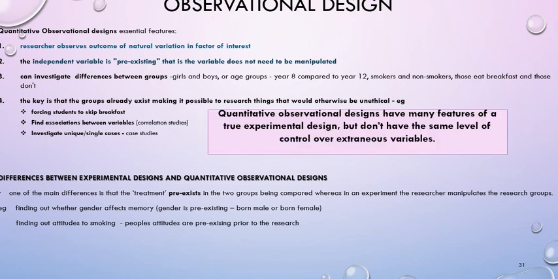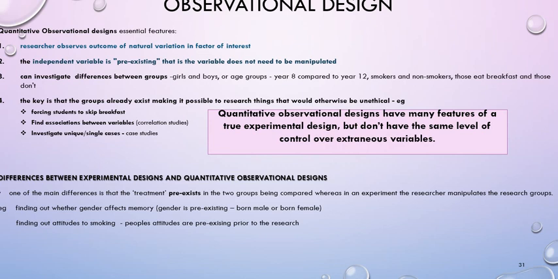starts. I want you to remember that quantitative observational designs have many features of the true experiment, but the difference is that, and that's a disadvantage as well, and I want you to remember that as a difference, that in the pre-existing groups, in the pre-existing formulation of these groups, there is space of many extraneous variables, such as participants' individual characteristics.